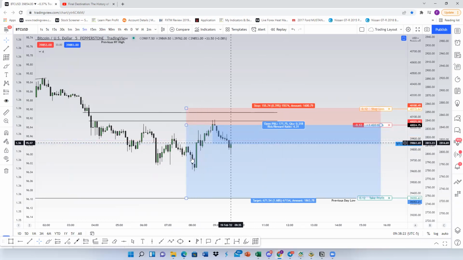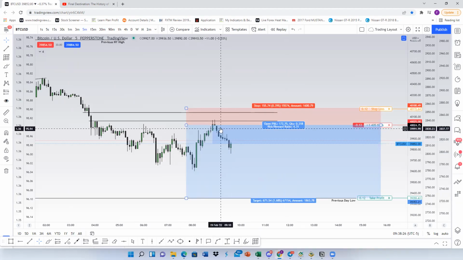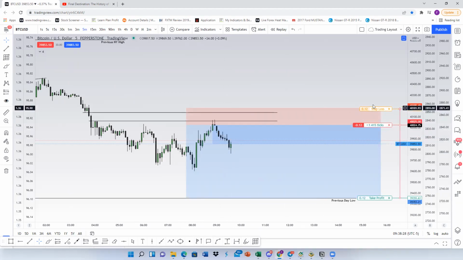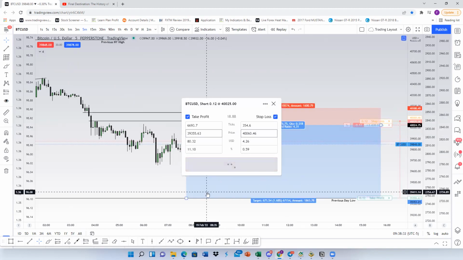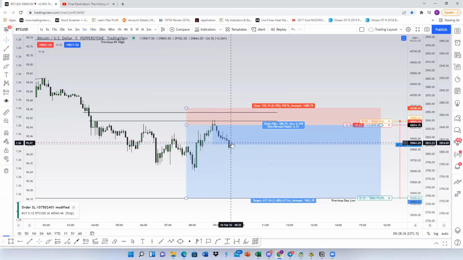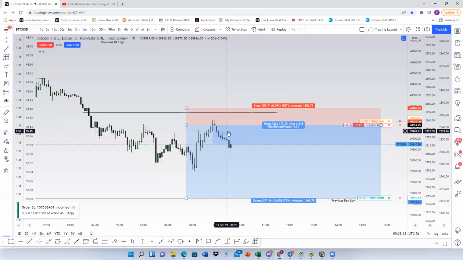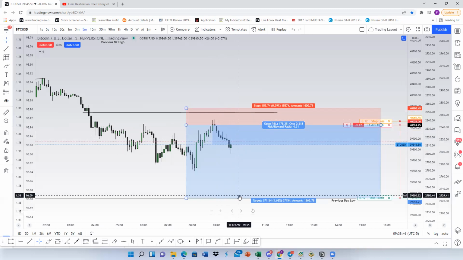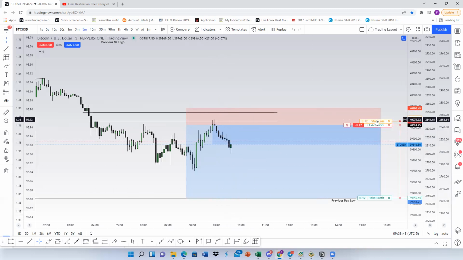When I see price taking out these highs, what am I going to do? Immediately cut my losses to something like this. Only if price starts to go higher than this high, I'll cut it off at break even and look for an opportunity later, because if it has to go down, it has to go down now. That's how I look at things.